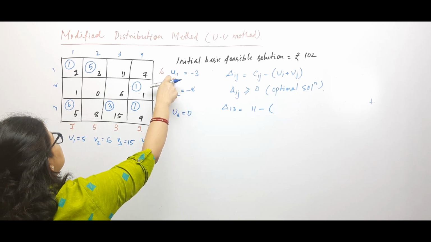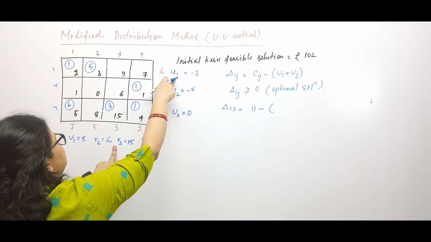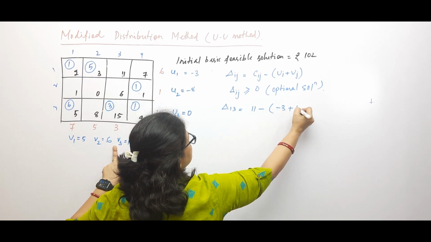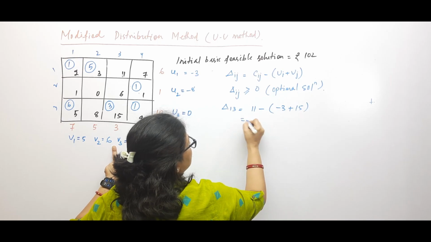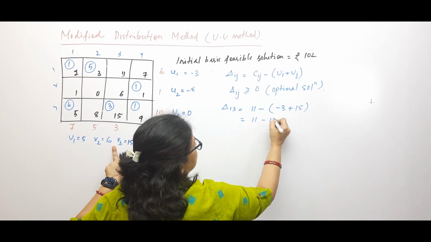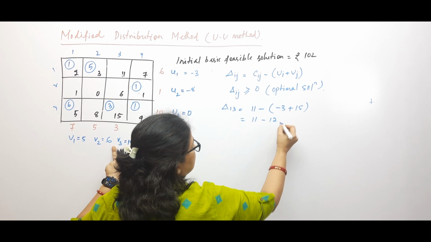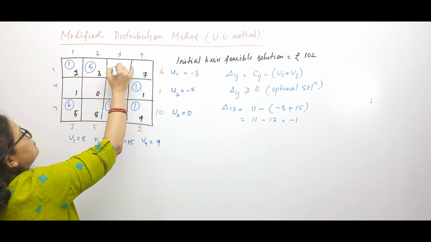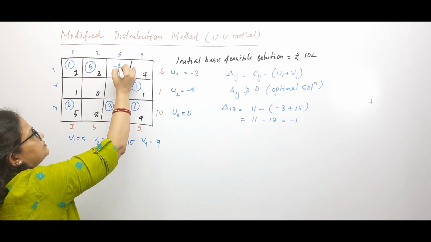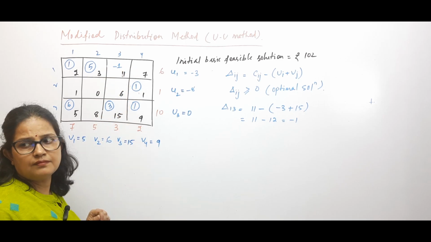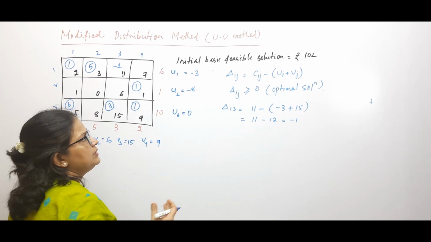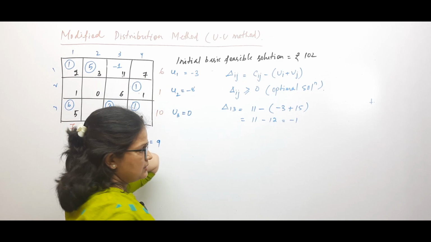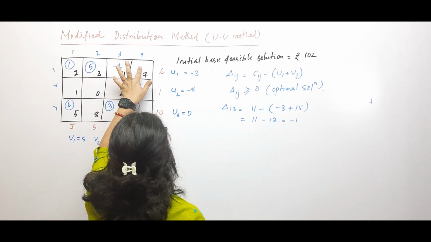Means U1 plus V3, that is minus 3 plus 15, which is equal to 11 minus 12. 11 minus 12 means minus 1. So we can write here minus 1. Like this we have to calculate for each unallocated cell.